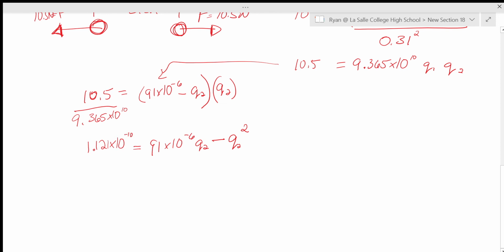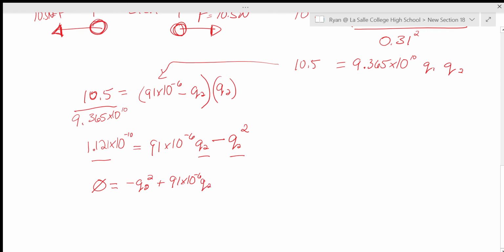Wait a second. I've got a variable that's squared, a variable, and a constant. Shoot. 0 is equal to negative Q2 squared plus 91 times 10 to the negative 6 Q2.